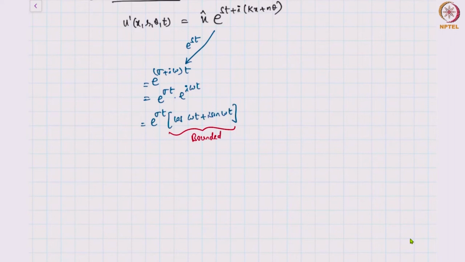It's between -1 and +1. But the other part that you see here, if sigma is greater than 0, then e power sigma t grows exponentially. And if e power sigma t grows exponentially, u prime grows exponentially.